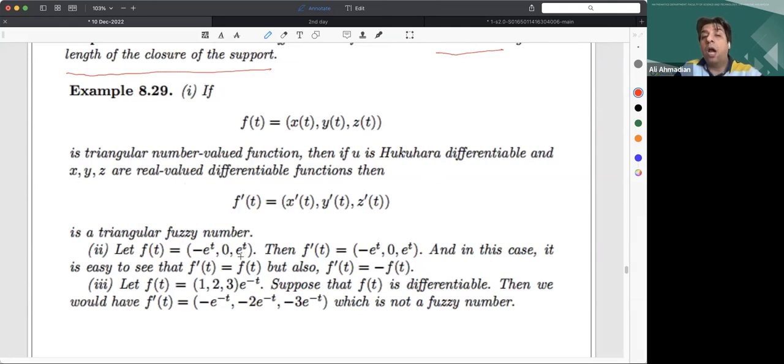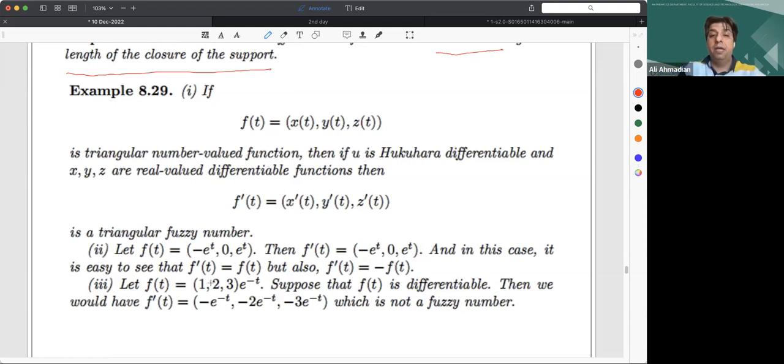Then what is f prime? We get the derivative one by one. We have minus e^t, 0, and e^t. So f prime is equal to f, but also f prime is equal to minus f. You can see that f prime is equal to minus f.